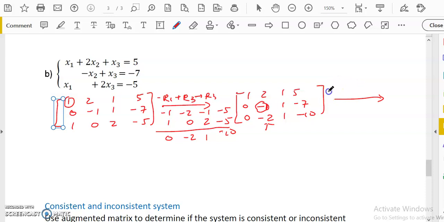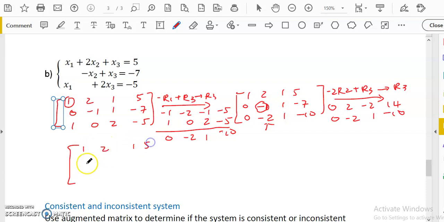If I multiply by negative 2 of R2 plus R3 and put it back into R3, that's what I will get. So I have 0, 2, negative 2, 14, right? And then I add to 0, negative 2, 1, negative 10. So 1, 2, 1, 5 don't change.